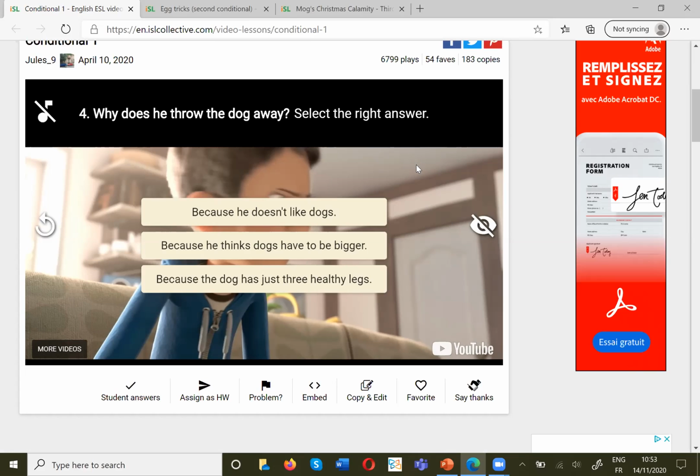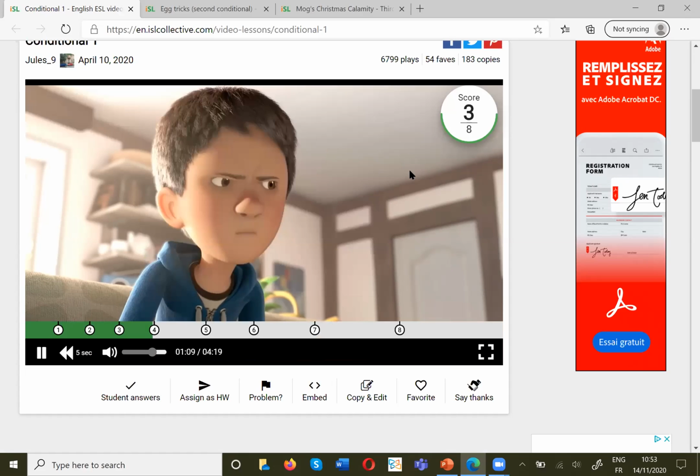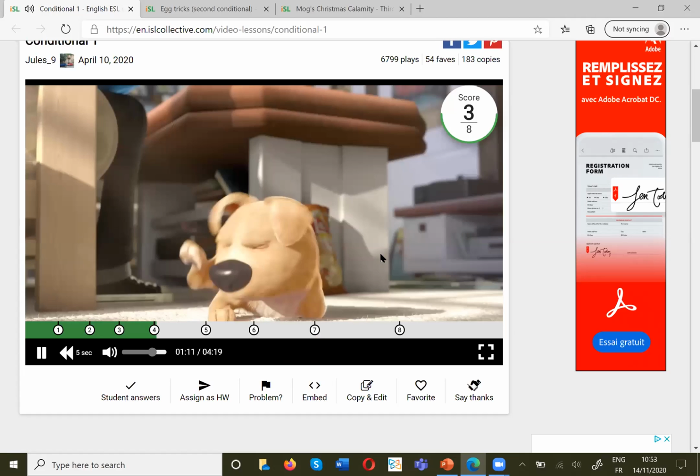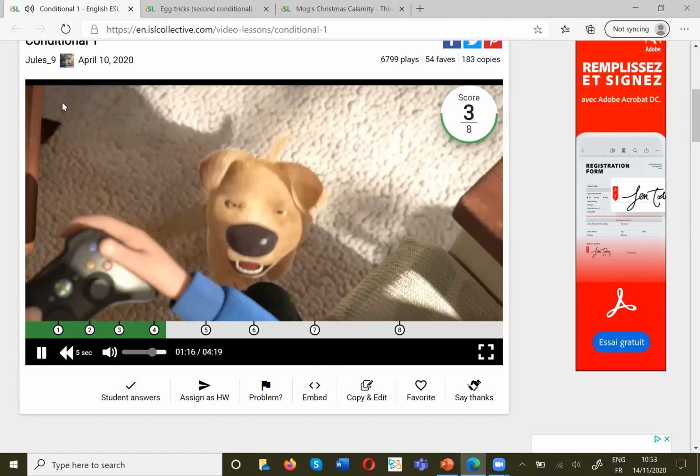Really? No, it's just three healthy legs. The dog has only three healthy legs, and another leg was too short. I didn't see. Okay, so when he holds it, yes, it was just with three healthy legs. See now. Get lost.